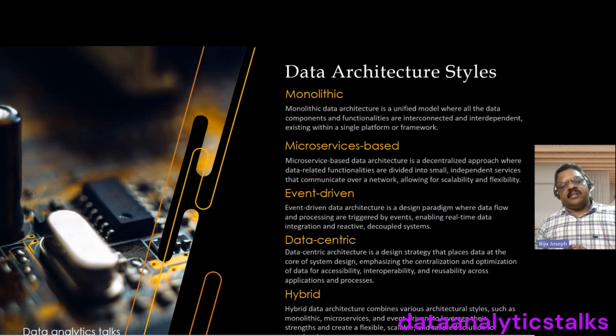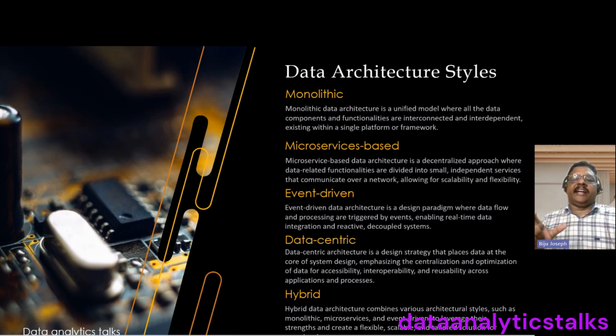Another important part of data architecture is the various styles. When we were discussing data mesh, we spoke about monolithic and microservice-based. There are some more styles here. The first one is monolithic.